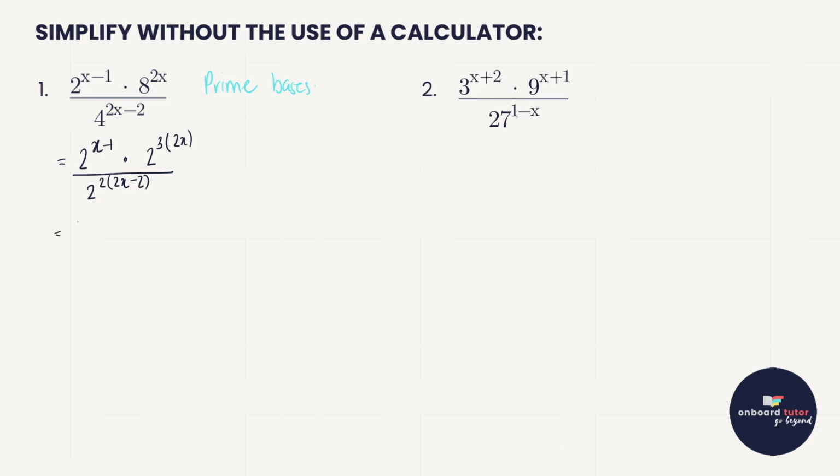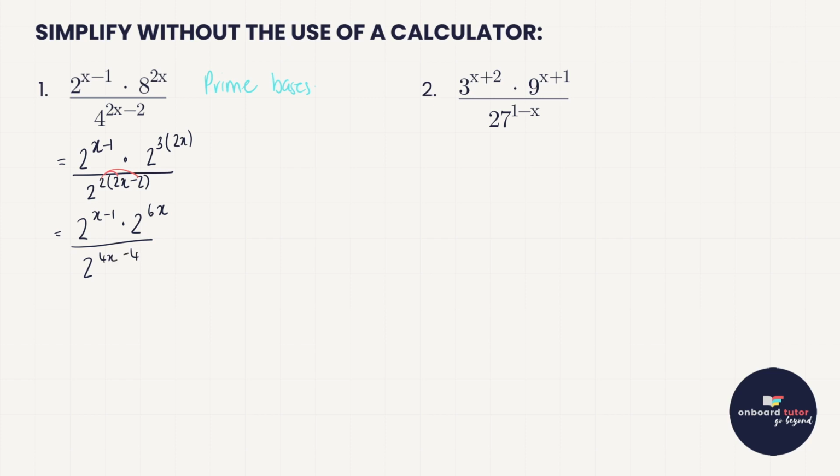So now what we can do is we can say this is 2 to the x minus 1 multiplied by 2 to the 6x, 3 times 2x, over 2 to the power, and we're going to put this into both terms there, so it's going to be 4x minus 4.